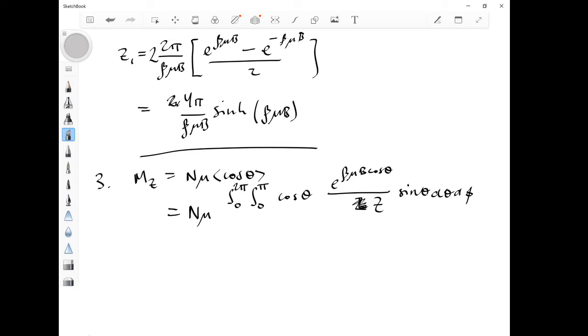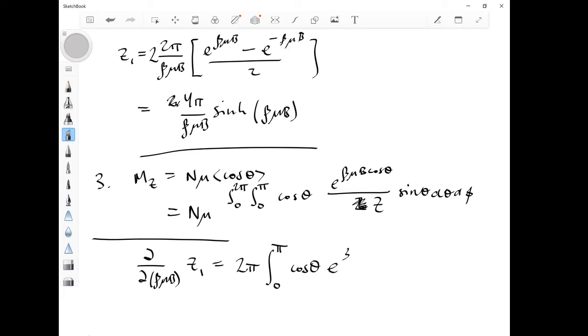Now, in terms of a derivative, we notice here that if we take d by d beta mu b of z1, we end up with 2 pi, integral from 0 to pi, cos theta e to the beta mu b cos theta sine theta d theta.